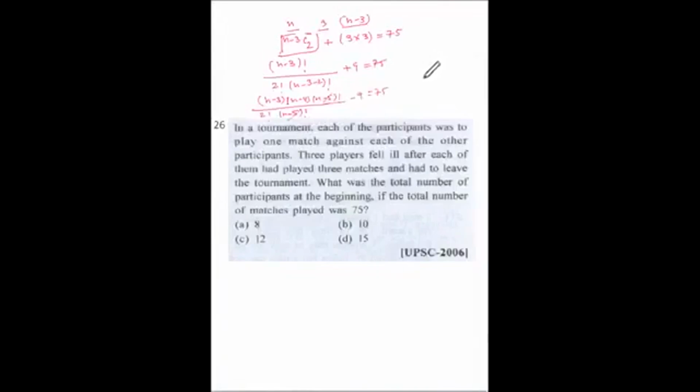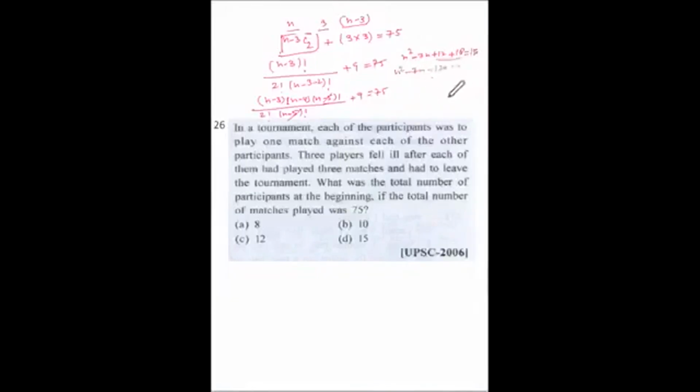This we can calculate: n square minus 7n plus 12 upon 2, plus 9, so plus 18 on cross multiplication is equal to 150. So this is n square minus 7n, and this is 30, so minus 120 is equal to 0.